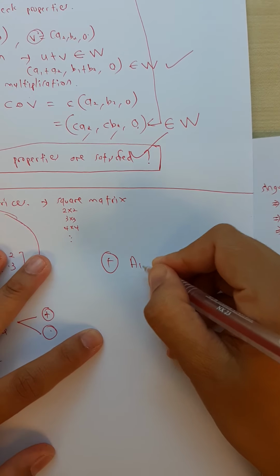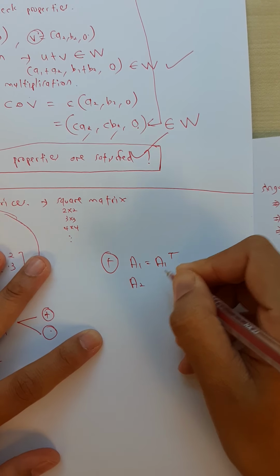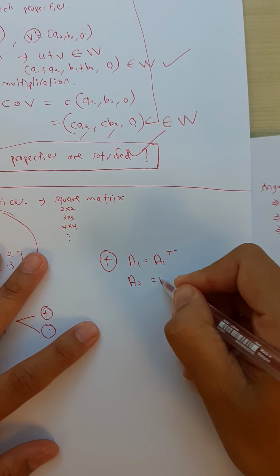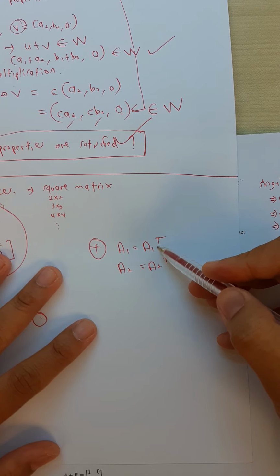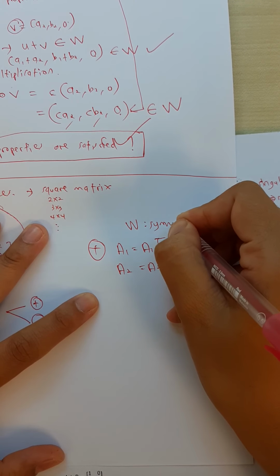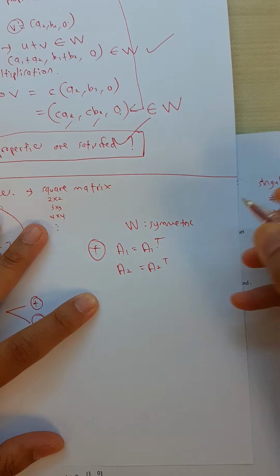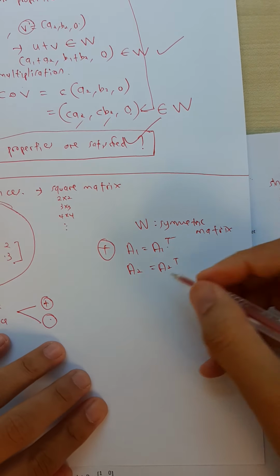Why are they equal to their transpose? Because the definition says that W is a set of symmetric matrices.